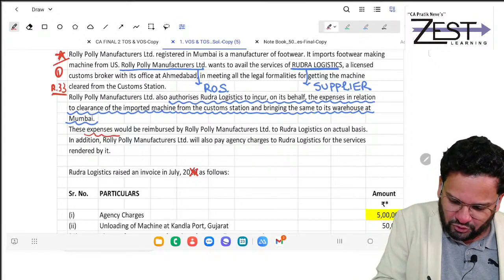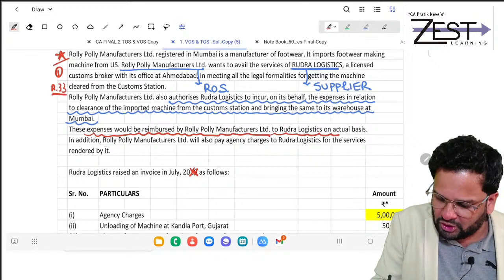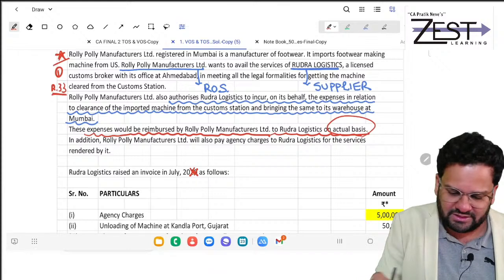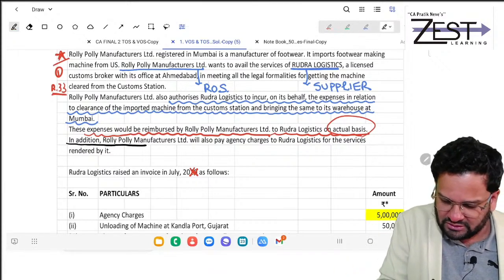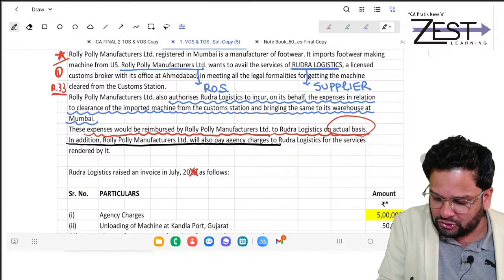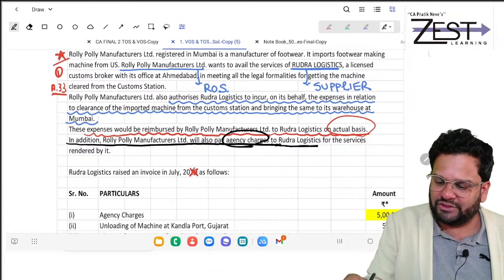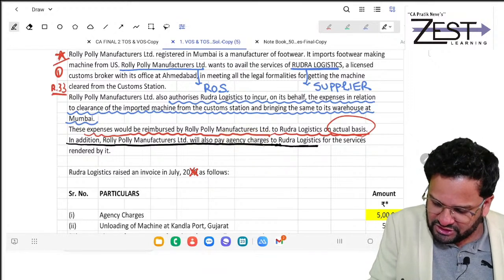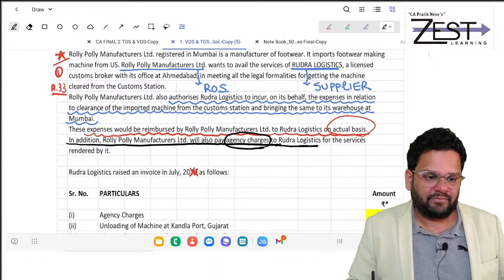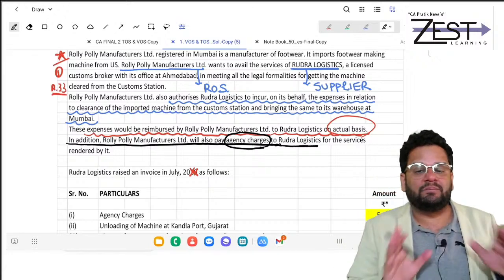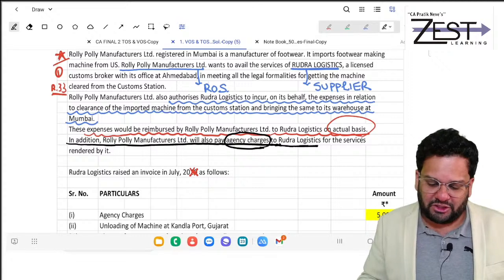These expenses would be reimbursed by Rolly Poly Manufacturers Limited to Rudra Logistics on actual basis. Okay, and more importantly, in addition, Rolly Poly Manufacturers Limited will also pay agency charges to Rudra Logistics. So friends, do you agree that GST should be only on the agency charges? Rest of the things will be incurred by supplier on behalf of recipient of supply.